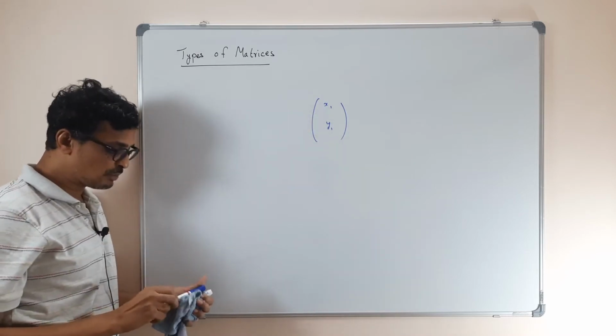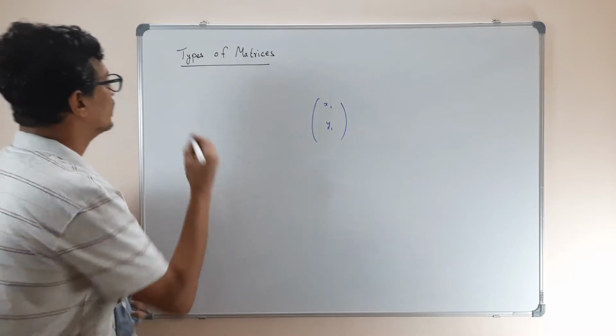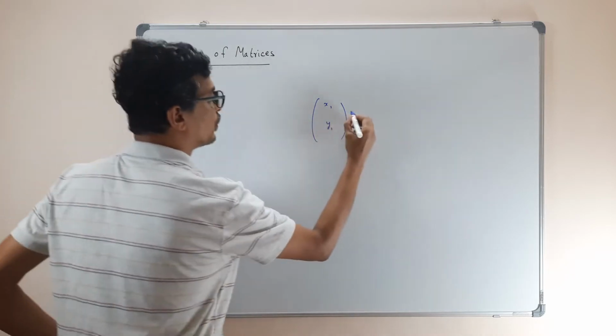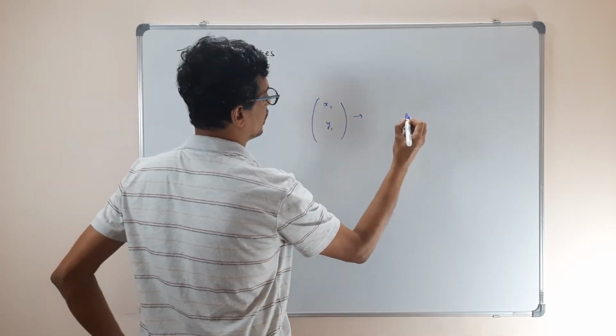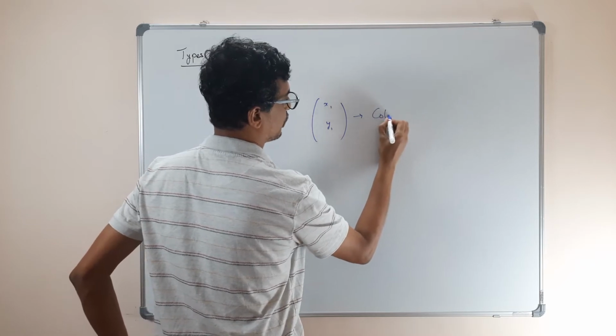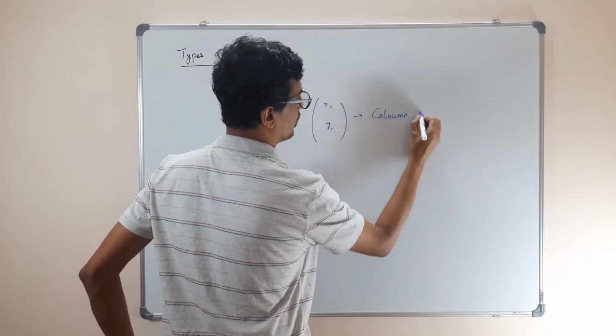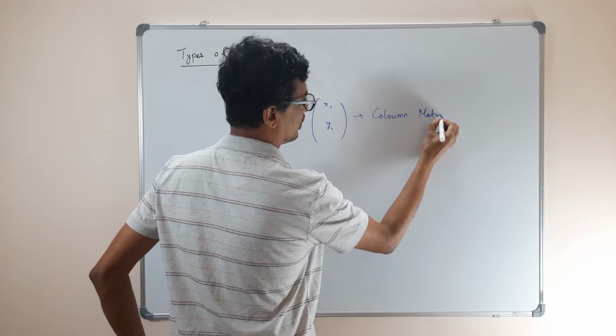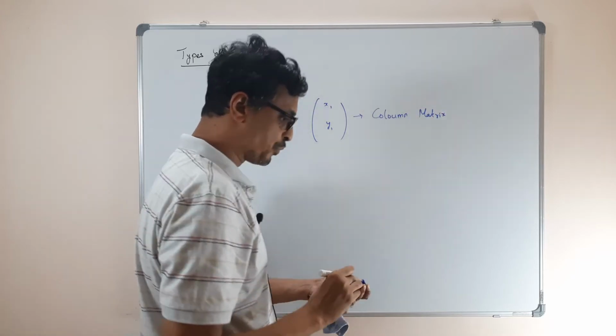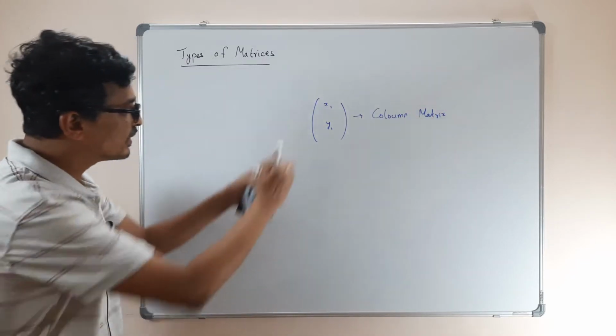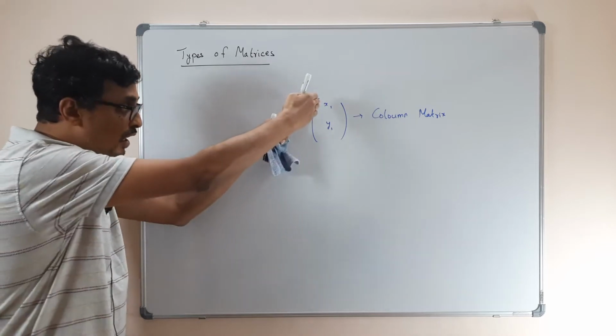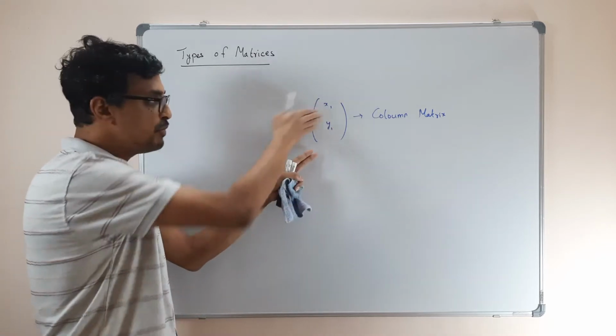So this matrix we call a column matrix. A column matrix has only one column and many rows.